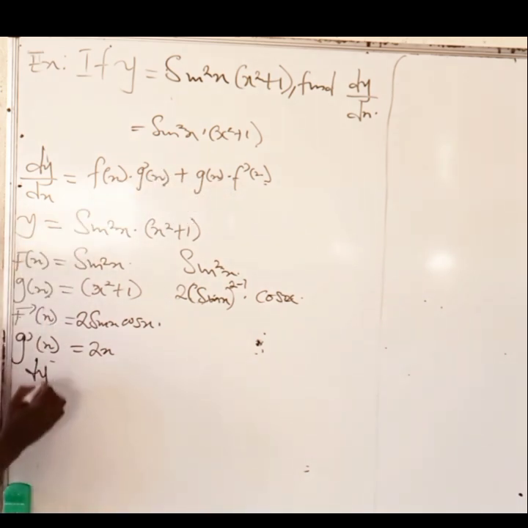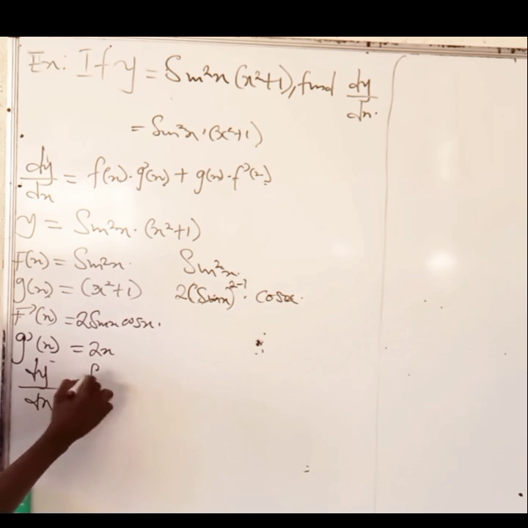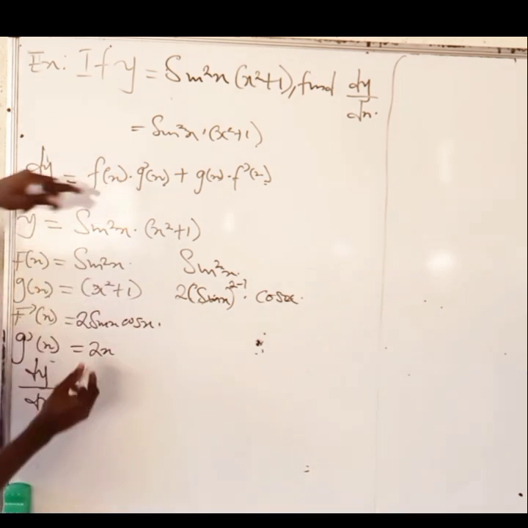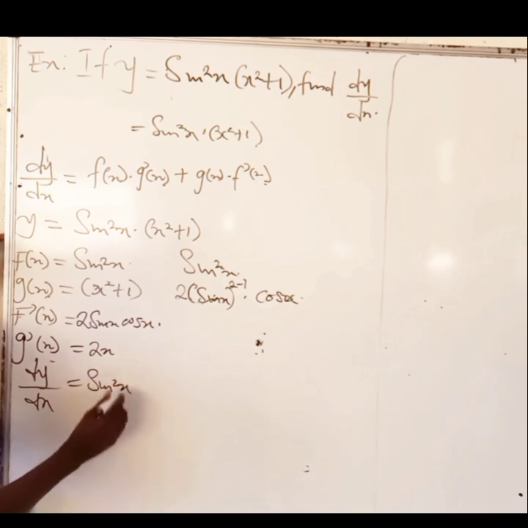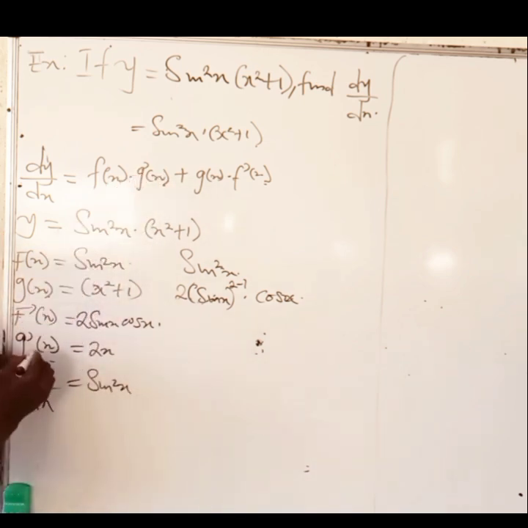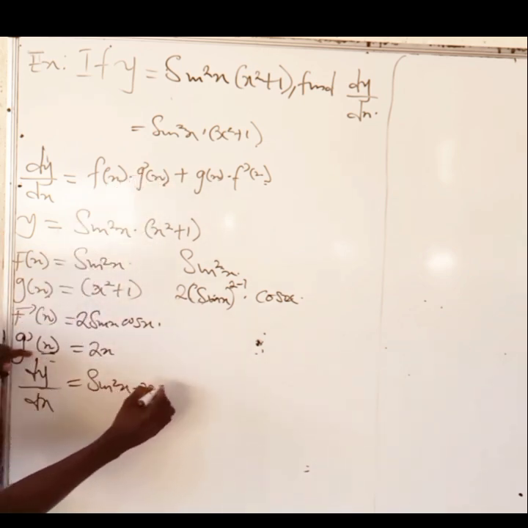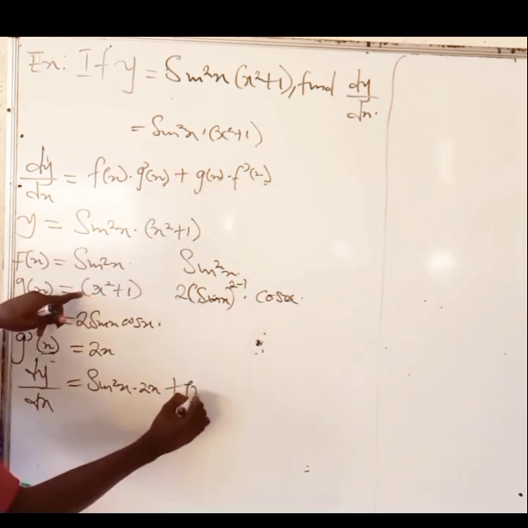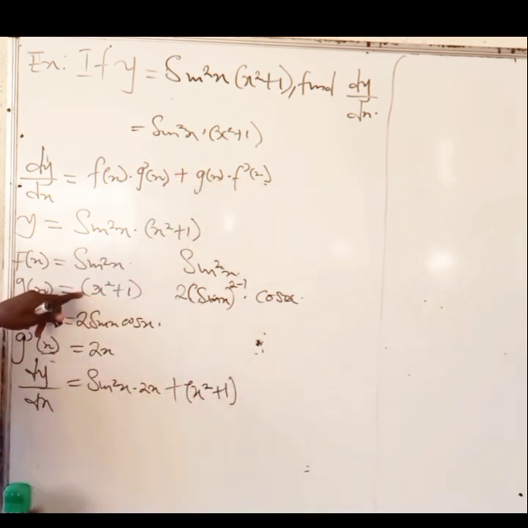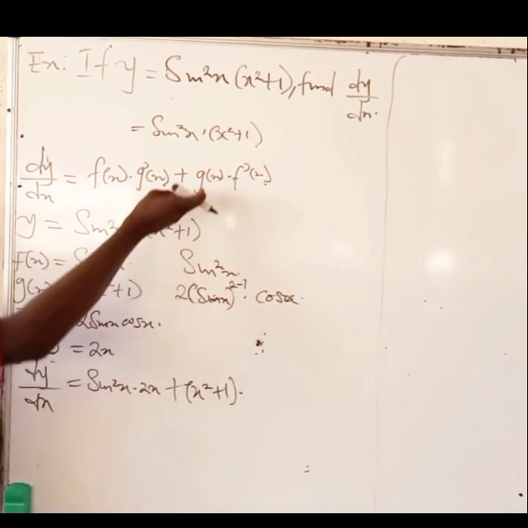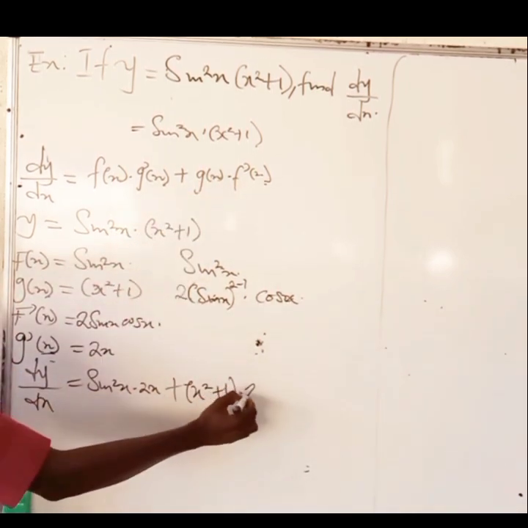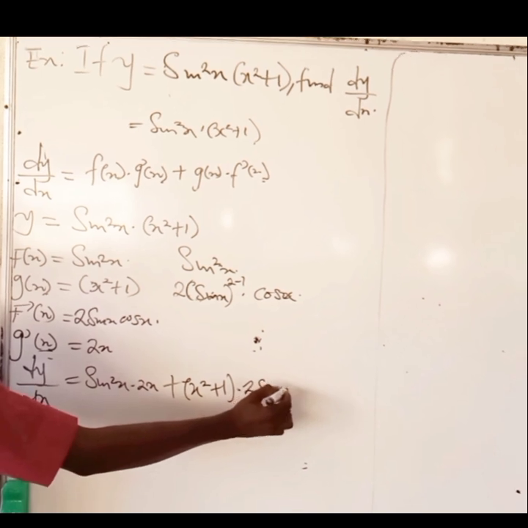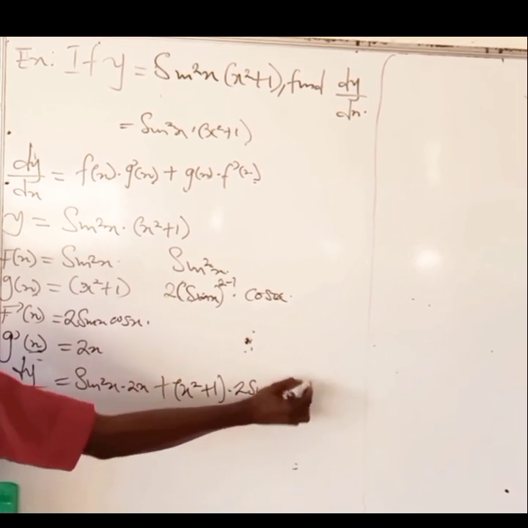So we say dy/dx is going to be f of x, and what is f of x? sin²x multiplied by what is g prime of x? 2x, plus what is g of x? x squared plus 1 multiplied by what is f prime of x?